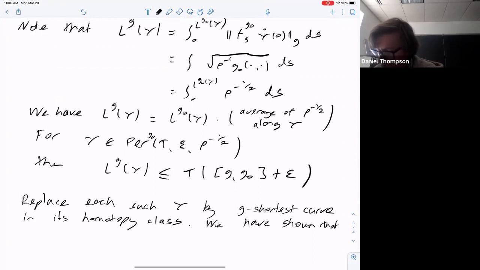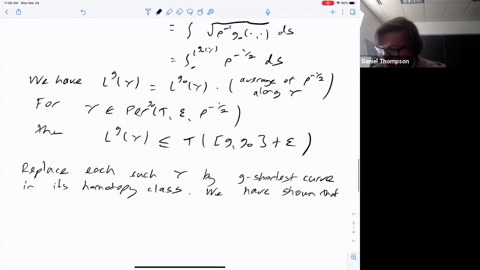Okay, so what have we done for each gamma? We just created a G closed geodesic whose length is upper bounded by this.